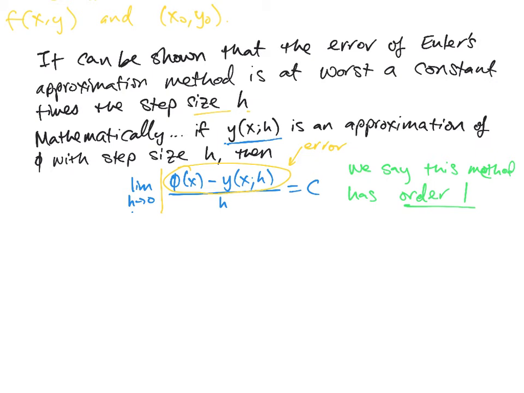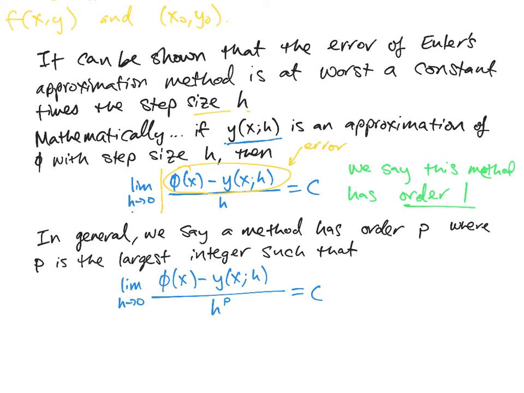And in general, we can say that a method has order p if, where p is the largest integer, we can put this p down in the numerator. And the way to think about this is that if you have a higher order, if your p is 2 or 3, then when you take your h as a small number.